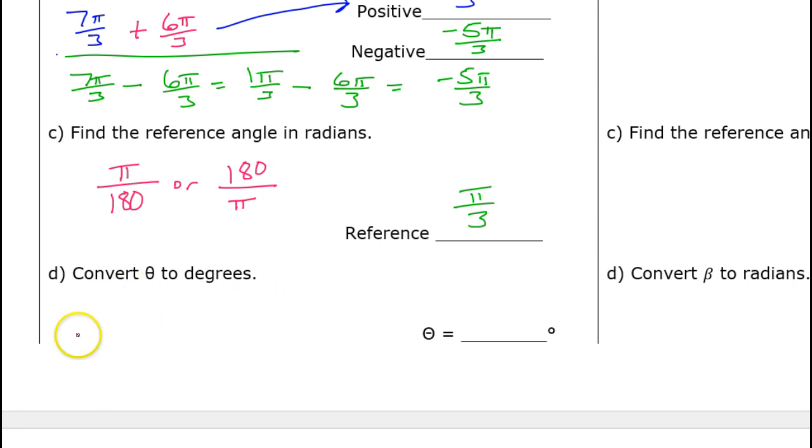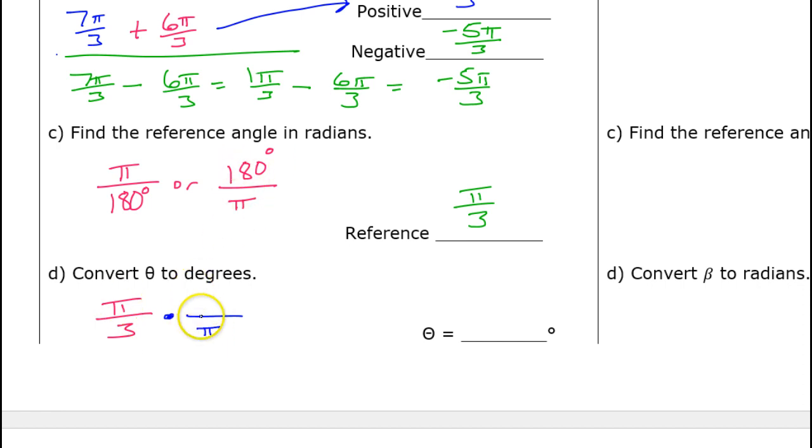So right now we have pi over 3, and we want to end up with degrees. The way I think of it is, if we want degrees, we need to cancel out the pi. So we need to pick the version of this fraction that is going to cancel out this pi. So we really want pi to be in the denominator so that these will cancel out.